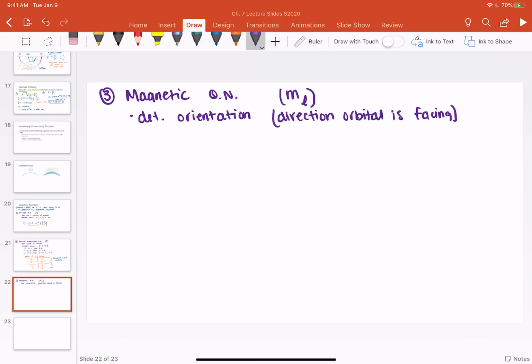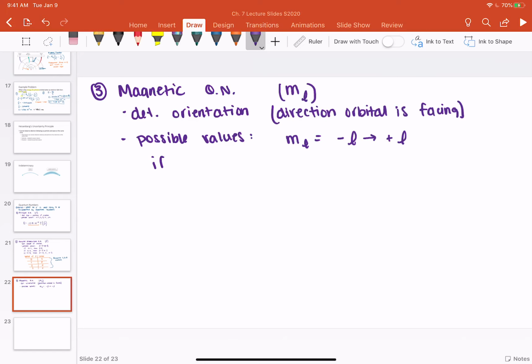And the possible values of m sub l can range from negative L to positive L. So what that means is if L is equal to 0, then m sub L can only equal 0.